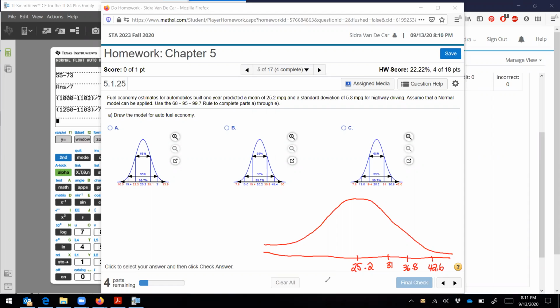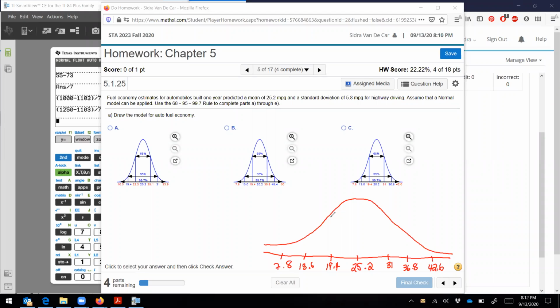So that would be 19.4. And then subtract 5.8 again, and that would be 13.6. Please double check me. And then 5.8 again would be 7.8, I think.